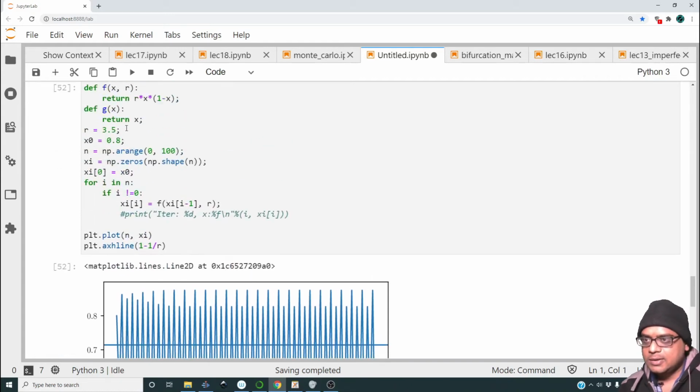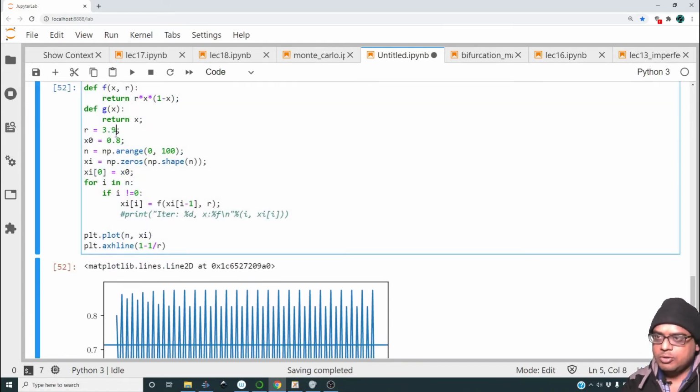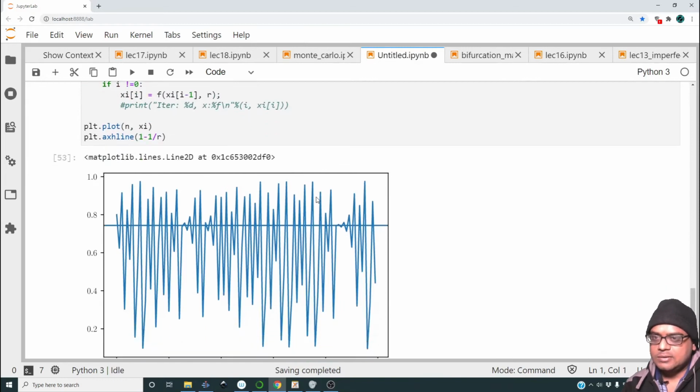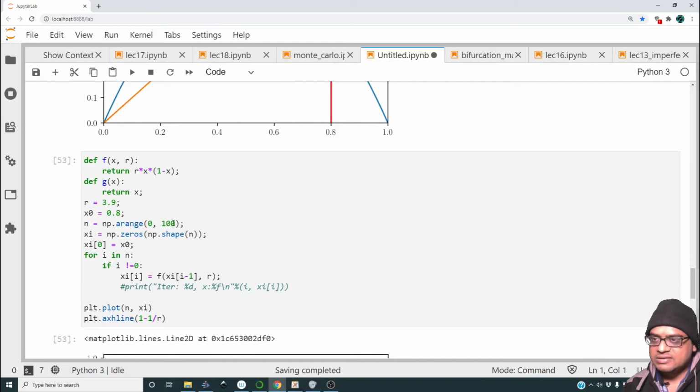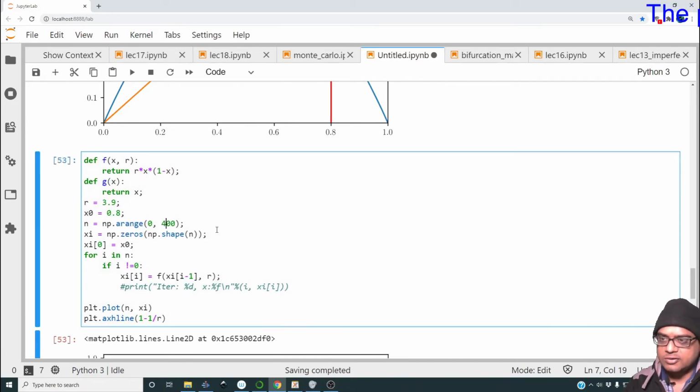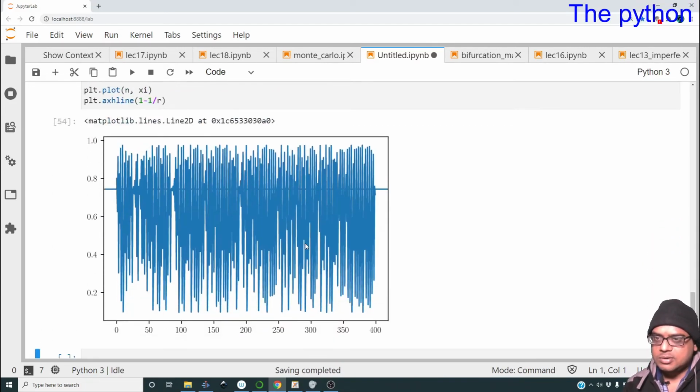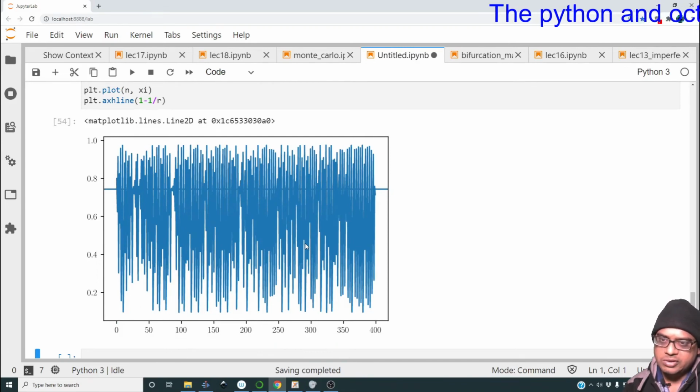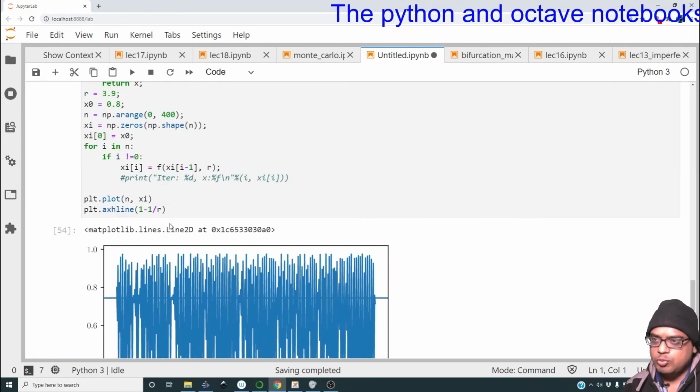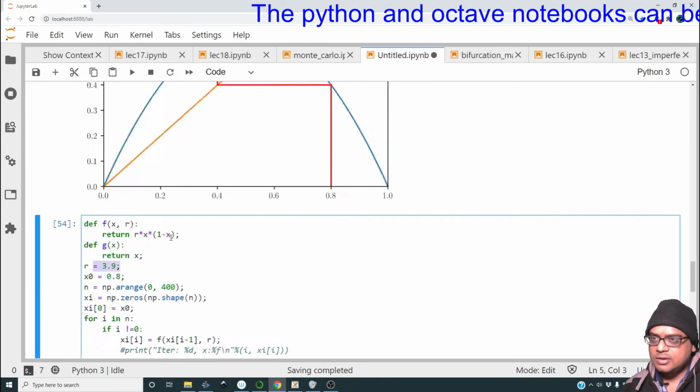All right, and then let me make it 3.9. So now we have this. There's no discernible pattern. So let me increase the number of iterations to say 400. So there doesn't appear to be a well-defined iteration cycle. And for 3.9, let us see how the cobweb looks.